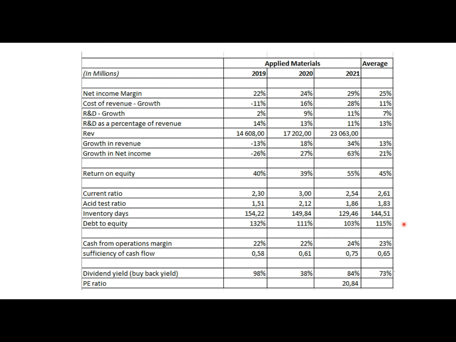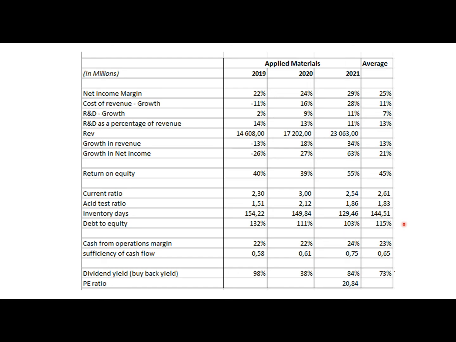Now the cash position, the cash from operation margin. Below the industry average of about 26%, but only slightly, and it has improved decently from 2020 to 2021. There has, however, been an underperformance in relation to the industry.